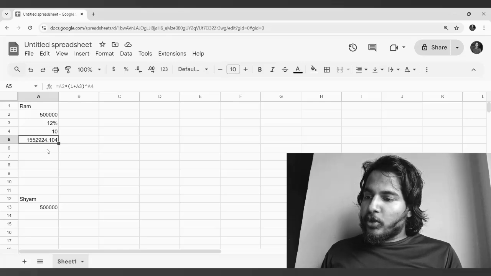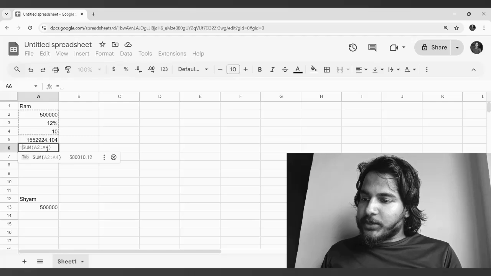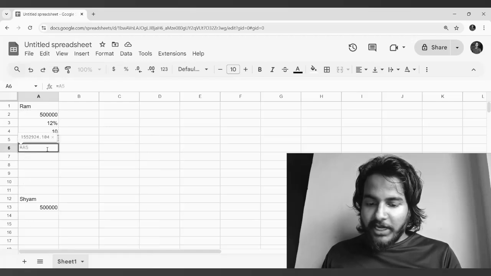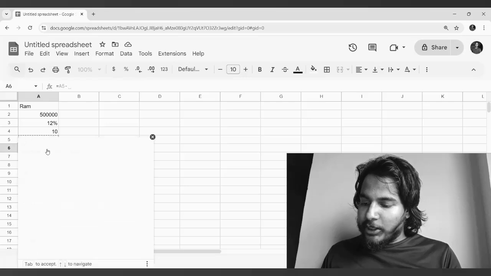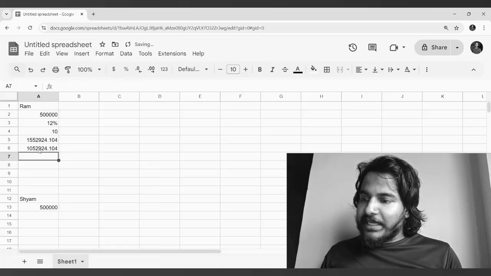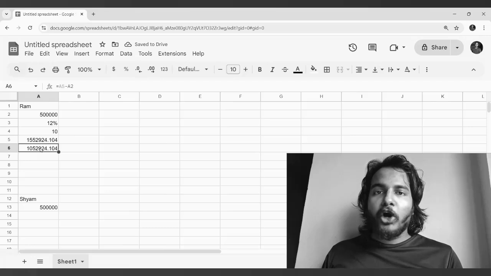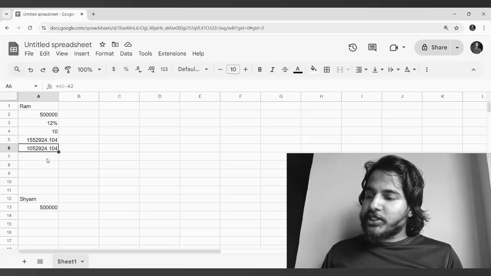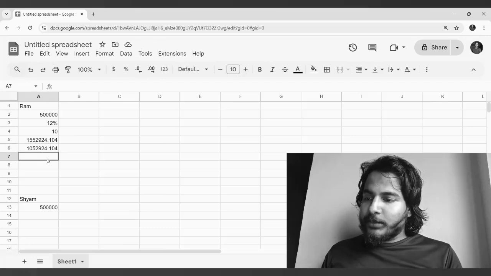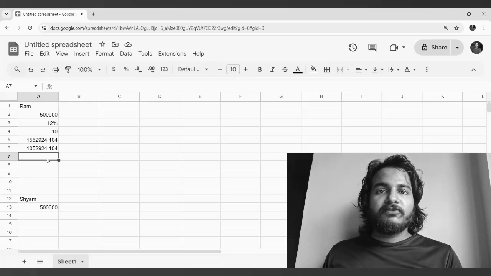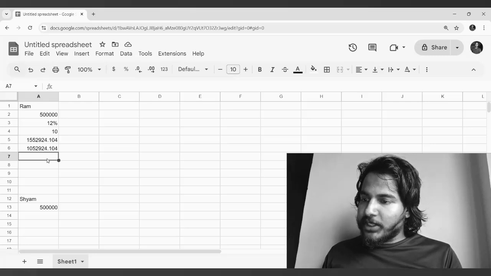Now if I subtract the original value A2 from this A5, then I will get the capital gains. So this is the capital gains for Ram. Because this is the capital gains for Ram, from this value you can subtract the tax exemption, which is 1,25,000.